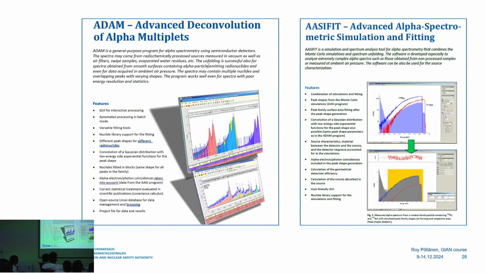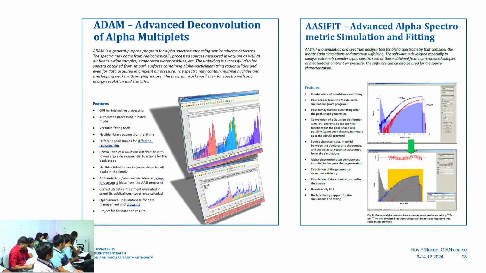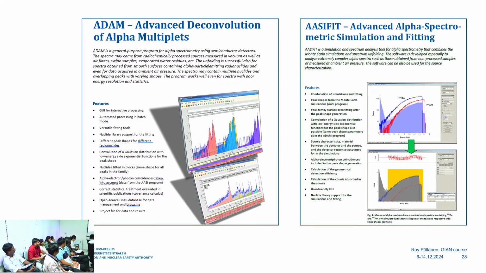In STUK, we have developed these two software for alpha spectrum analysis because I don't like this ROI analysis. It is simple in many cases, but in difficult cases it's not.